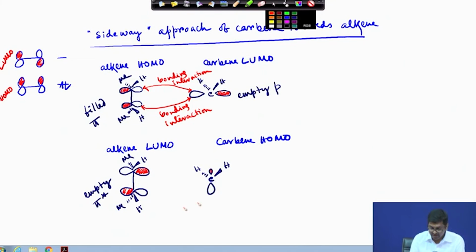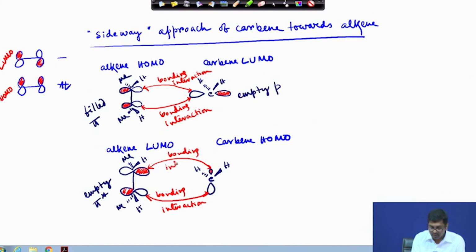Now we will check its interaction, here also bonding interaction and here also bonding interactions. Okay. So, this is the bonding interaction and here also the bonding interaction. Okay. So, both the cases.